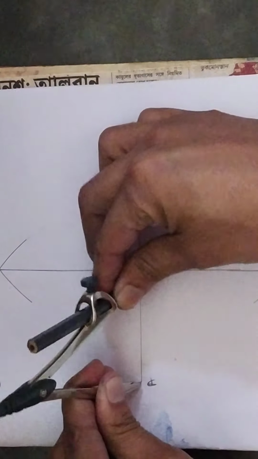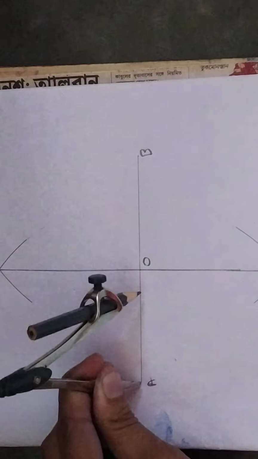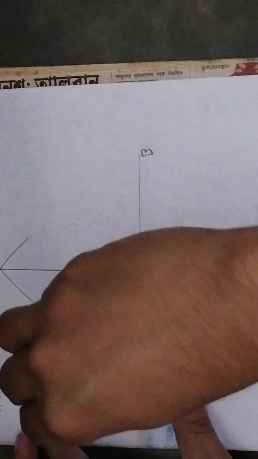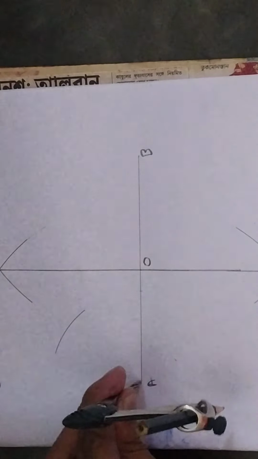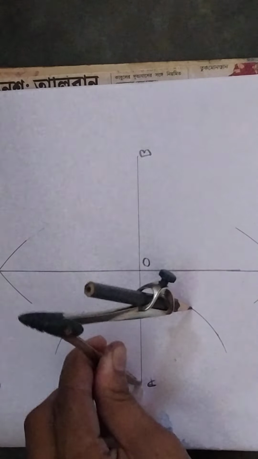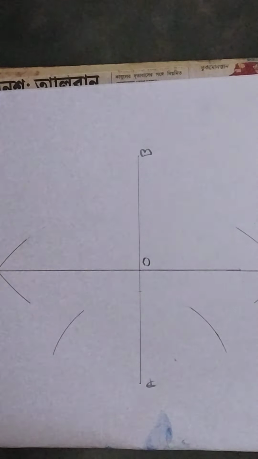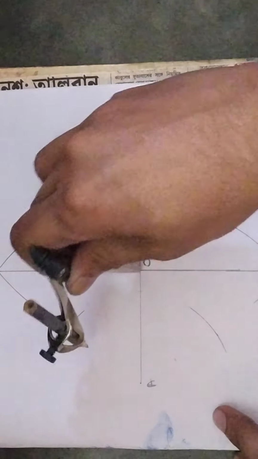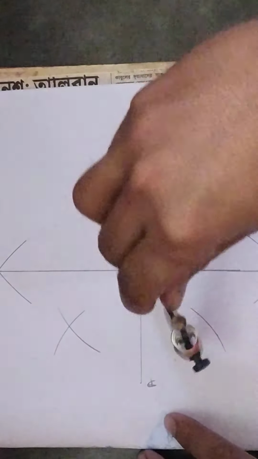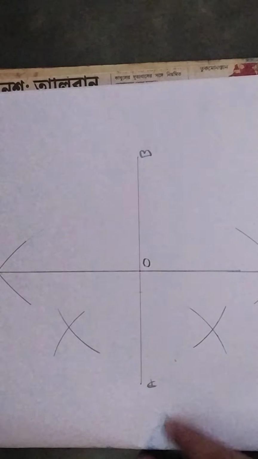This AO, again you have to take more than half. Same procedure you have to follow. This is more than half. And again you have to draw this arc here at the top and here at the bottom. And again from the point O, here one arc you have to draw, and here another arc you have to draw. And you have to join.